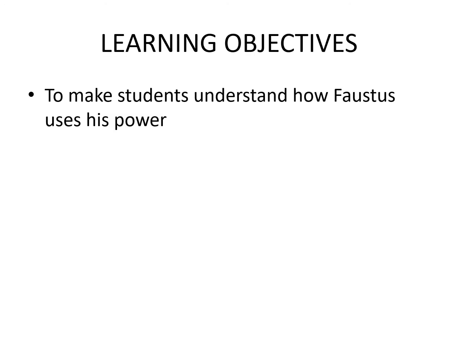We are now again seeing what Faustus is up to through this scene. We get more insights into Faustus's life with the help of Mephistopheles and his newly learned magic. We know Faustus wants necromancy, wants magic.